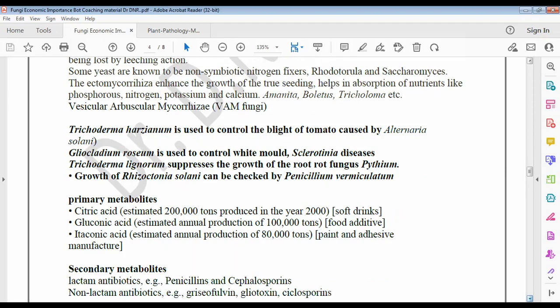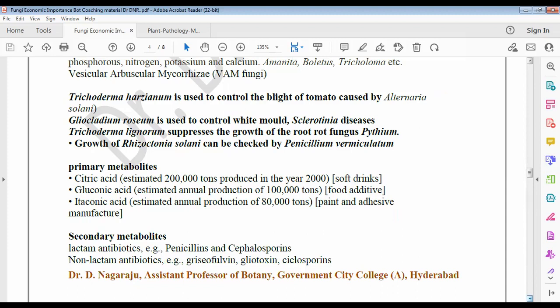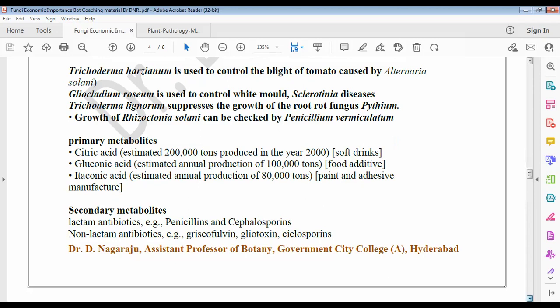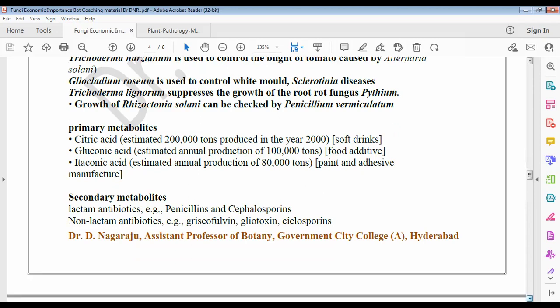And so many diseases also will be controlled by using Trichoderma and Penicillium. And you know the primary metabolites, I already told you: citric acid, gluconic acid, and itaconic acid.